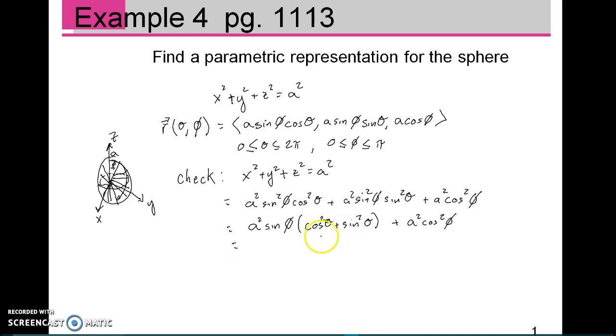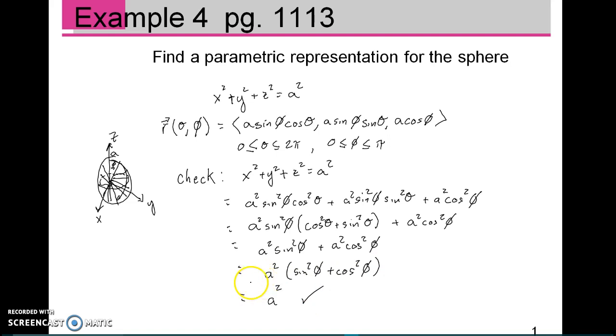We know that this equals 1, so we've got a squared sine squared phi plus a squared cosine squared phi, and we know where this is going. Pulling out a squared, we get sine squared phi plus cosine squared phi, which also equals 1, and we get a squared.